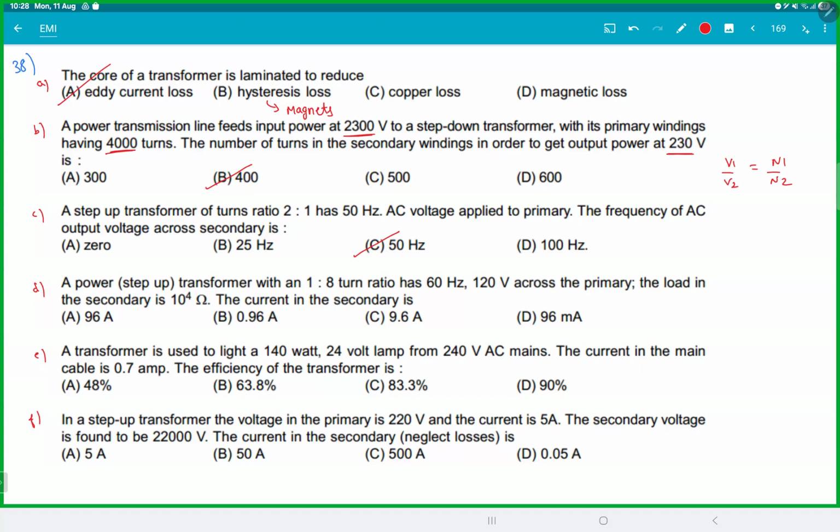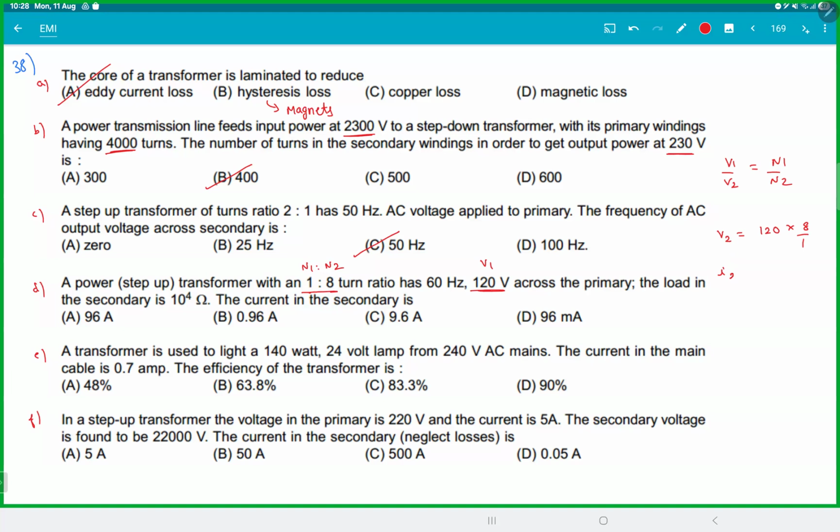So what about this thing? Step-up transformer is 1:8 turn ratio, N1 by N2. 120 volt primary, and this is V1. So V2 will be V1, which is 120, times 8 by 1, this is the voltage.